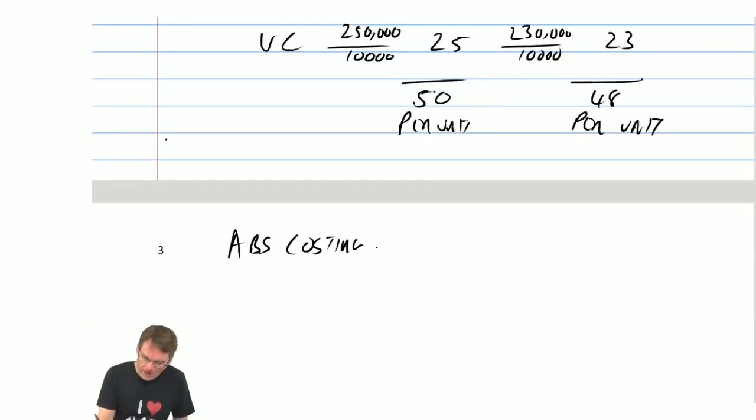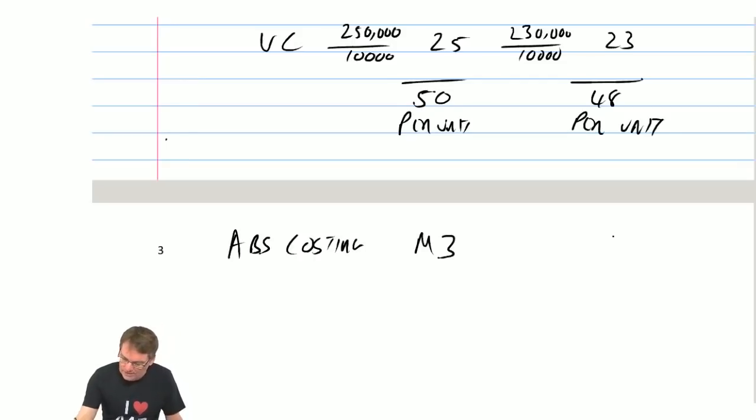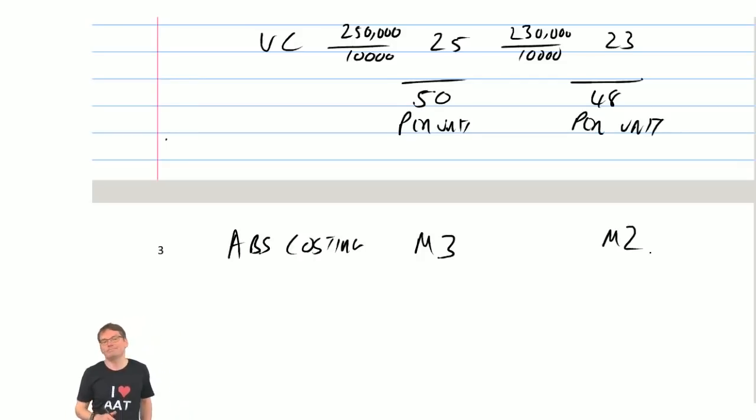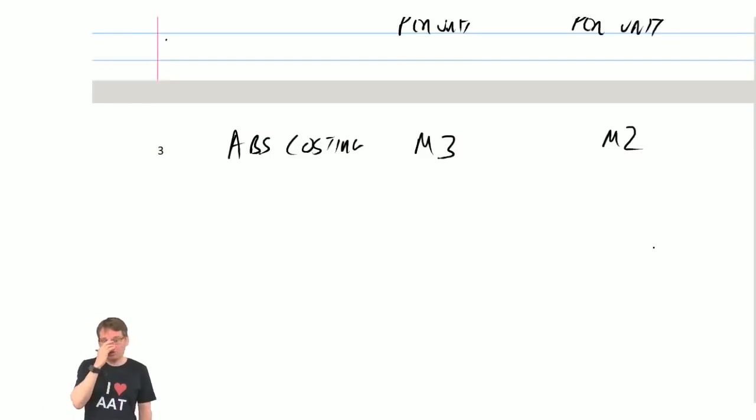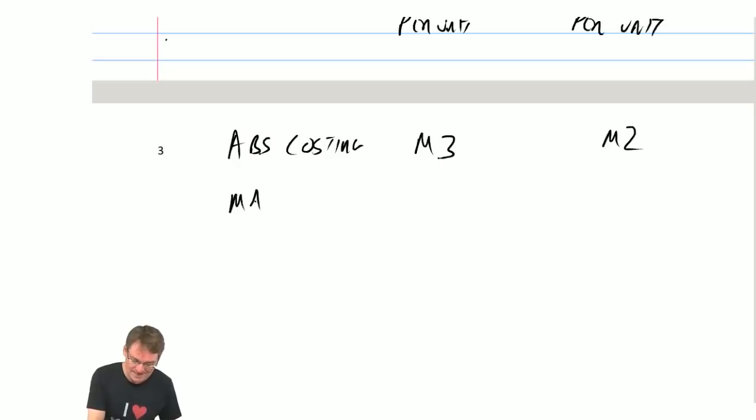Absorption costing. I suspect we'll need to do month 3 and month 2 again, so I'll have 2 columns just to be on the safe side. Now, under absorption costing, you still have to pay the labour. You still have to pay the materials. You still have to pay the variable overhead.